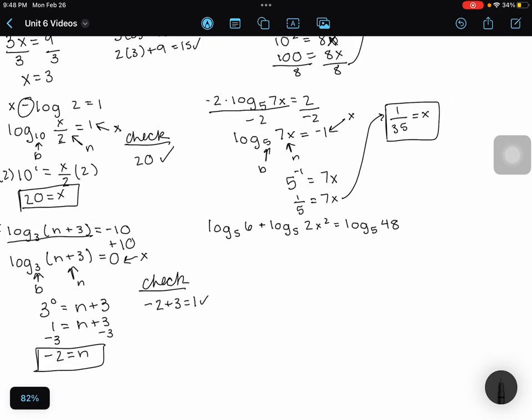And then same thing here. We need to combine to get 1 log on both sides. So we're going to multiply 6 into x squared.